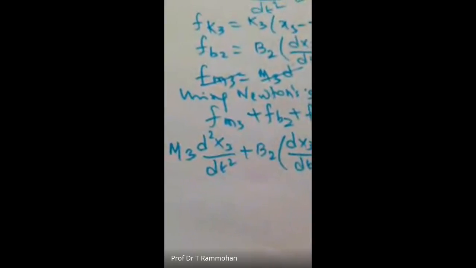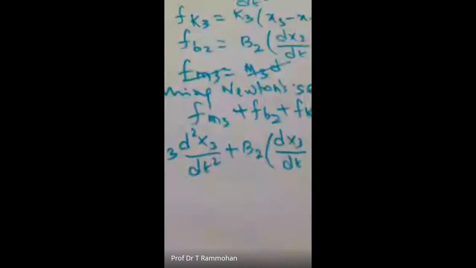So now how many equations we have? Kavin Prasad has written the answer, no issues. For the free body diagram of mass 1, we have an equation. For mass 2, we have another equation. For mass 3, we have another equation. That's all.